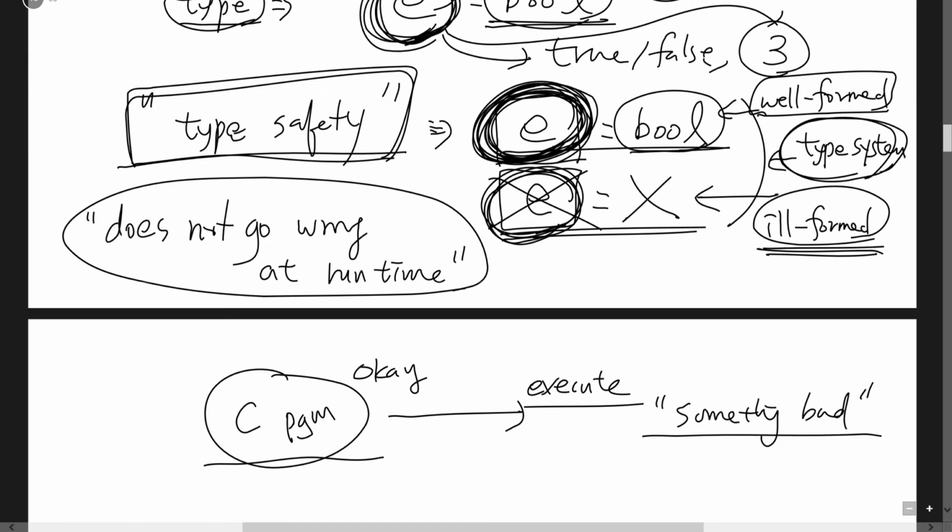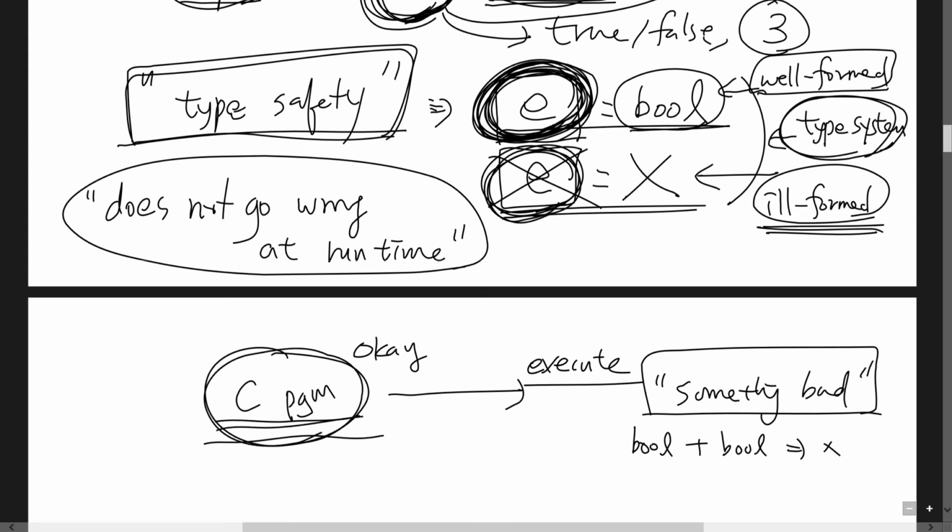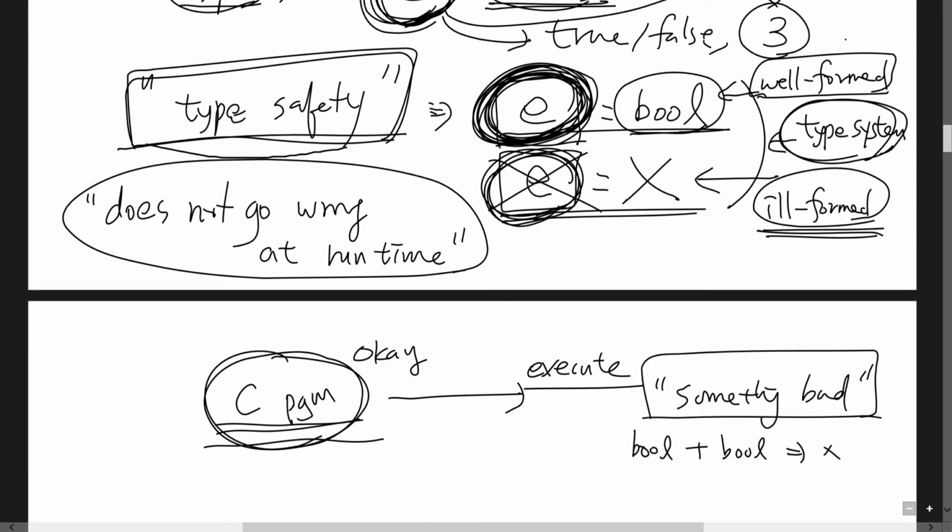For example, null pointer dereferencing or trying to add a Boolean value with another Boolean value or something like this. So something bad can happen despite the fact that the compiler says this program is okay. And that's because the C programming language does not have this type safety.